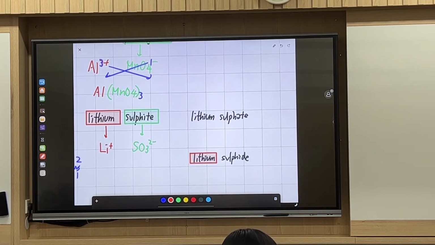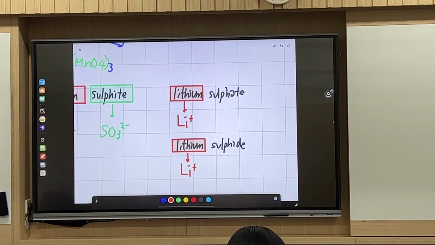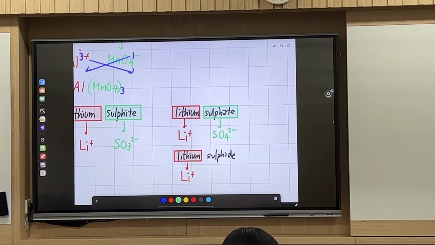Lithium, of course, is always Li plus. But depending on what the other ion is, the formula is different. So what is sulfite? SO3 2 minus. What about sulfide? Sulfide is a monoatomic ion because it ends in IDE, right?